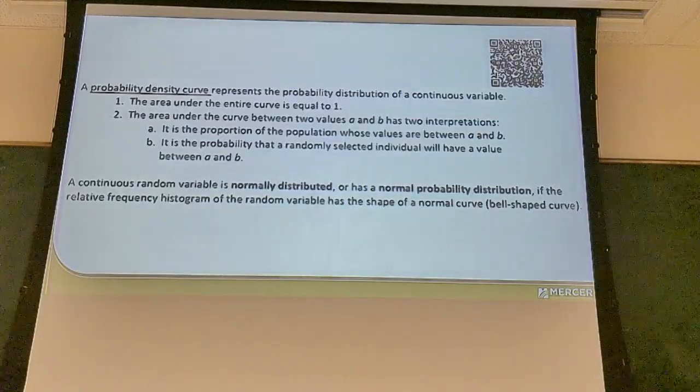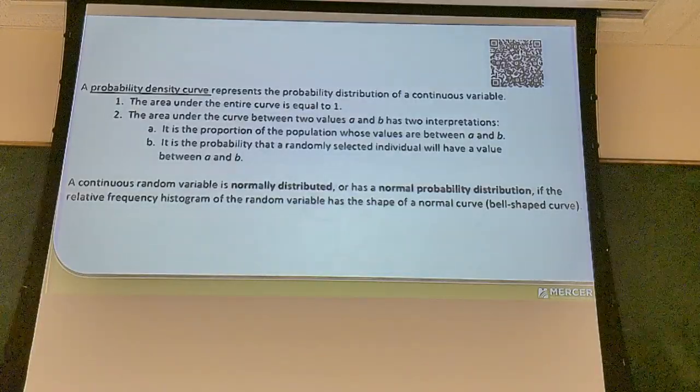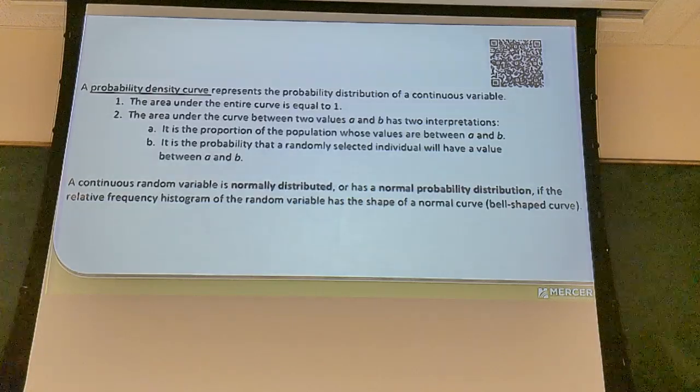The one random variable we're looking at is the normal distribution. We say it's normally distributed if the relative frequency histogram of the random variable has the shape of the normal curve, the bell shape.